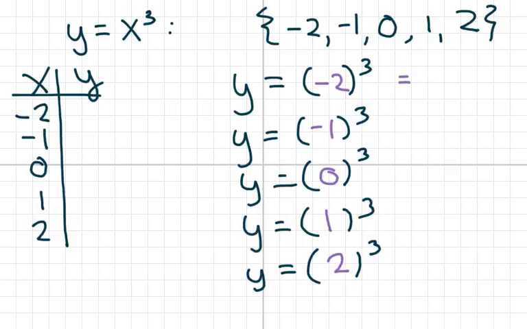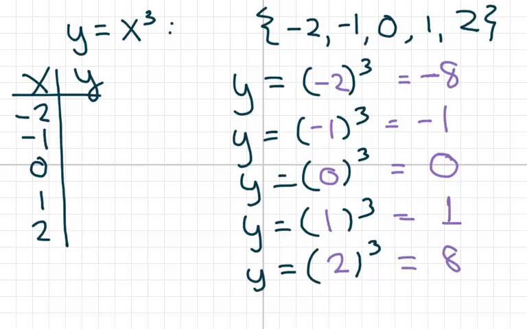So negative 2 cubed is negative 8. Negative 1 cubed is negative 1. 0 cubed is 0. 1 cubed is 1. 2 cubed is 8. So we're at negative 8, negative 1, 0, 1, and 8.